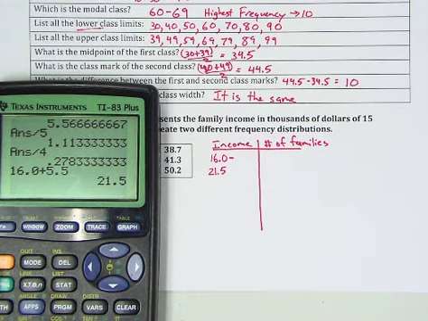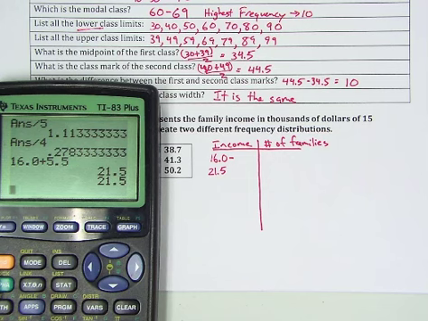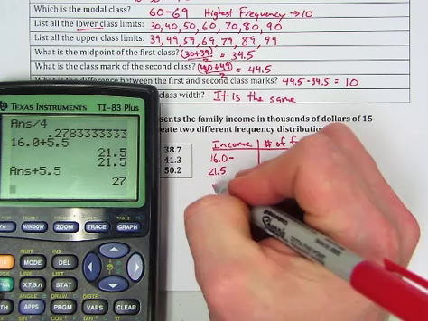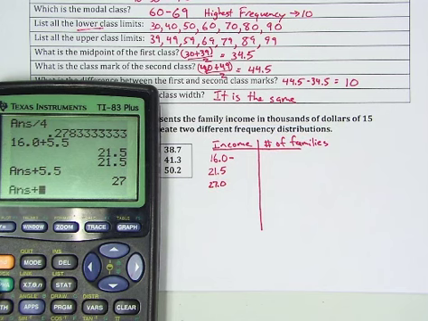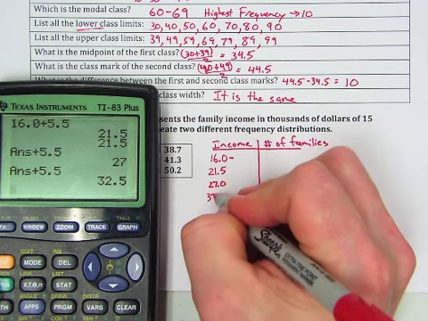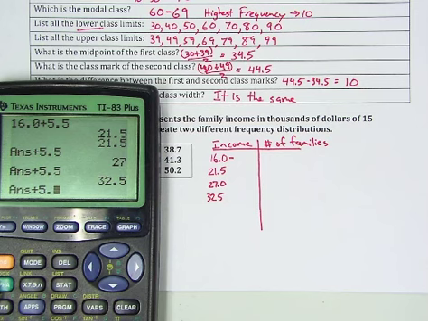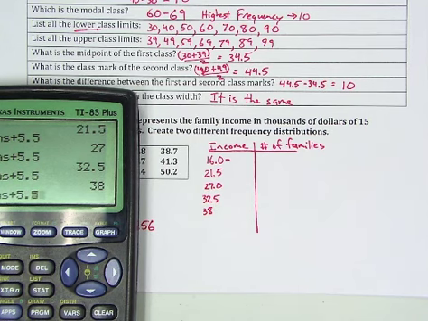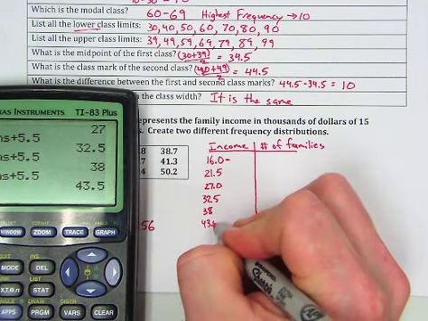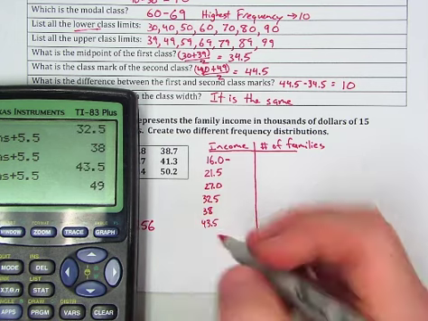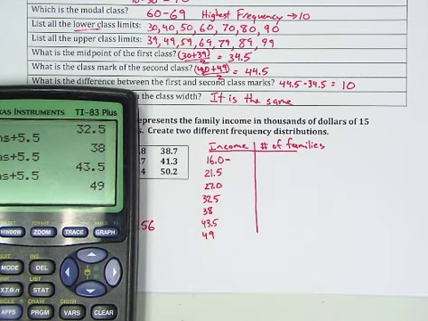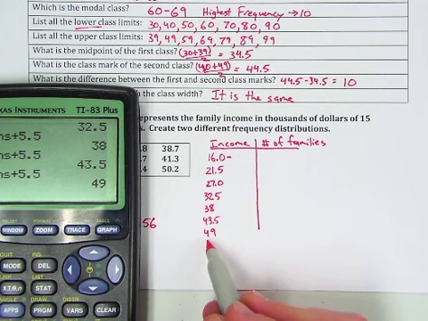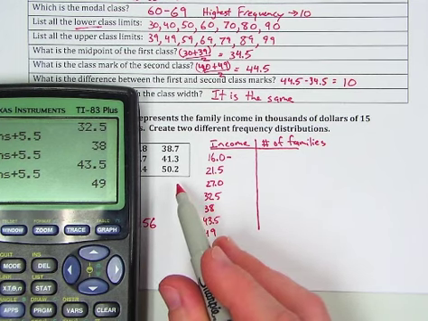And all we have to do here is keep adding that 5.5. Okay. Now if we start our class at 49, I think that's going to incorporate our 50.2.